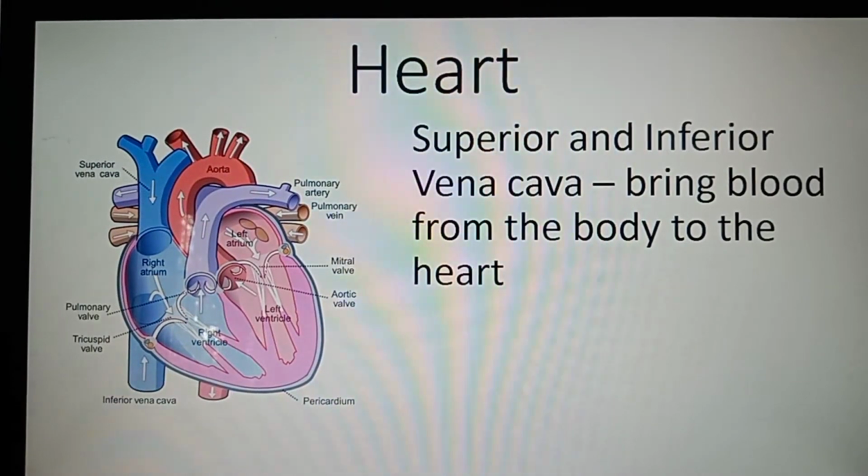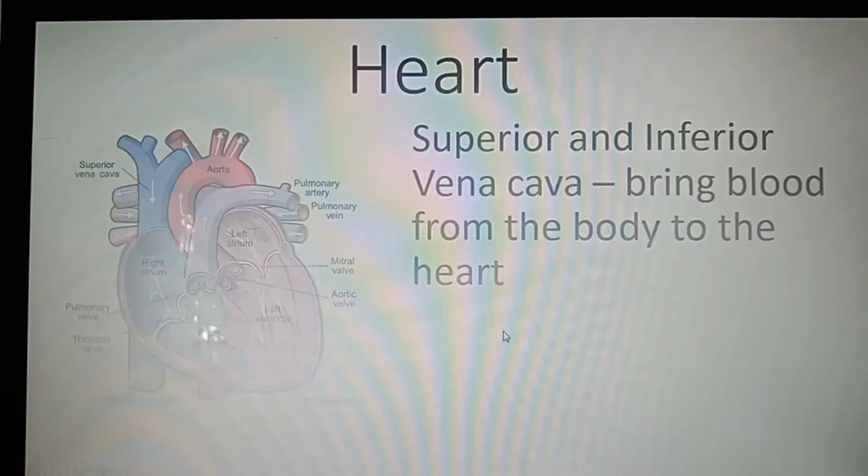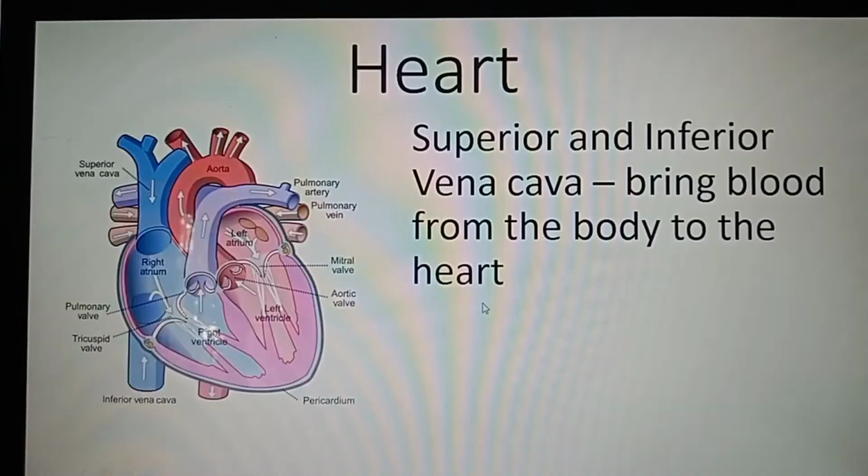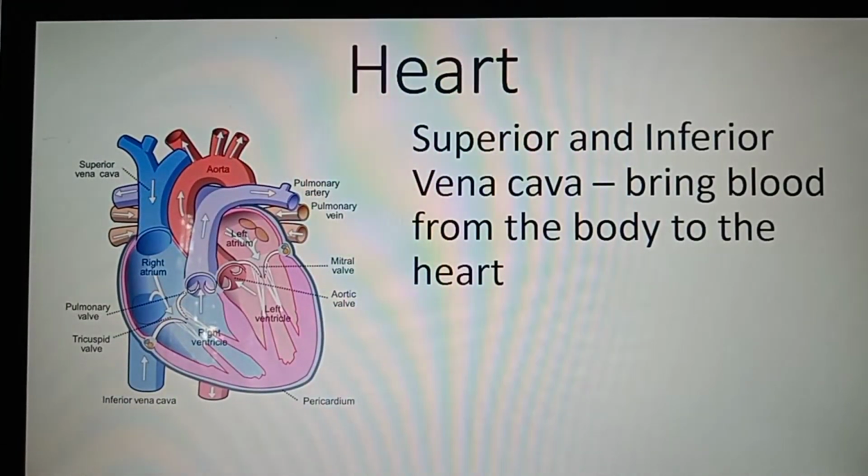Ano nga ba trabaho ng veins? To bring blood back to the heart. So this superior and inferior vena cava bring blood from the body to the heart, pabalik sa puso. As you can see with the arrows, no, yung label ng arrow nila, children, pabalik sa heart, blue. So it means ang kanyang dugo ay nagdadala ng carbon dioxide.